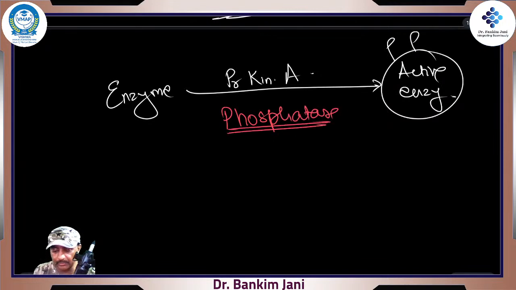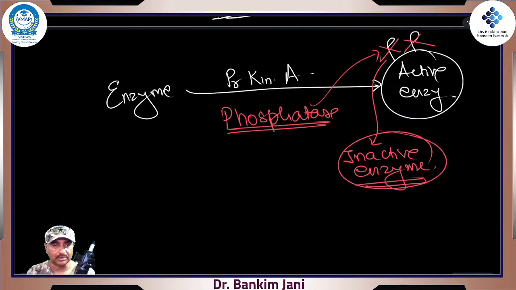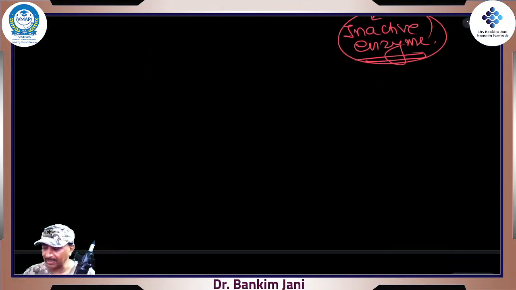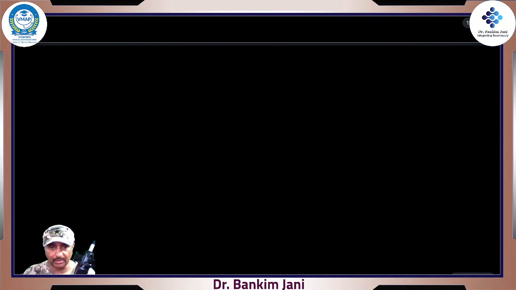What they really do is go over there and remove the phosphate. Their function is that this active enzyme now becomes an inactive enzyme. So this is how they both keep on working with each other. This is literally like a game. See how it all worked.